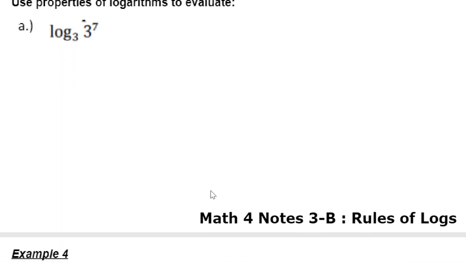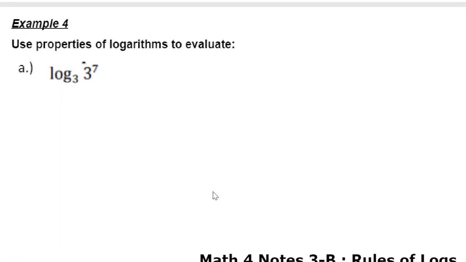Now here, there is a little trick to this that I want to show you. Because first of all, if you're trying to evaluate and reduce this down to some number and you're really having a problem jump starting the problem, then I would suggest that you do this. Set it equal to x. Now you've got an equation that you can use some of your laws and properties about.